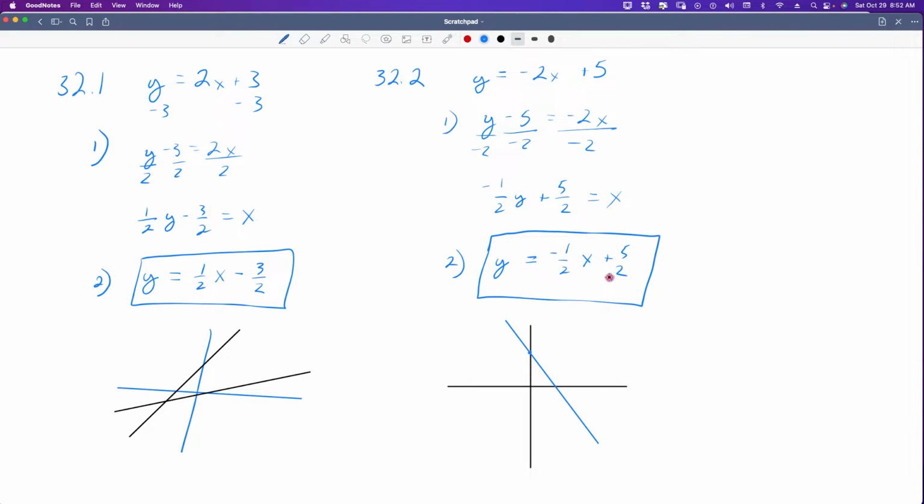So this one would cross right about here, and would make a 45-degree angle right about there, and would cross at 2.5. Okay, so you can see where that happens.